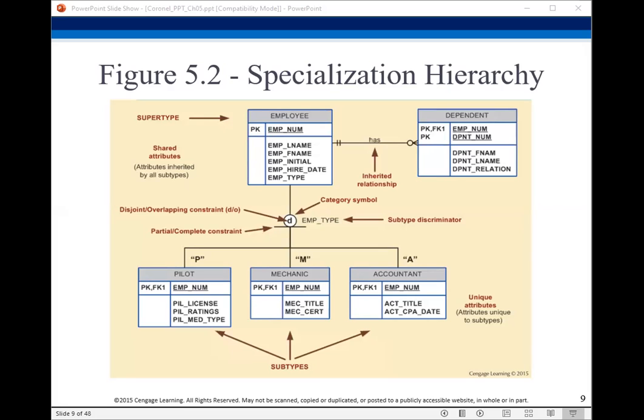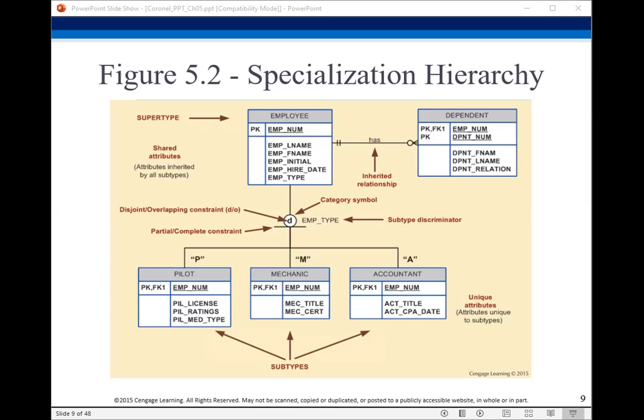Well, an entity supertype is a generic entity type that we relate to one or more entity subtypes, where the entity supertype contains the common characteristics or attributes, and the entity subtypes contain the unique characteristics of that particular subtype. The reason for using supertypes is to minimize the number of nulls and minimize the likelihood of redundant relationships.